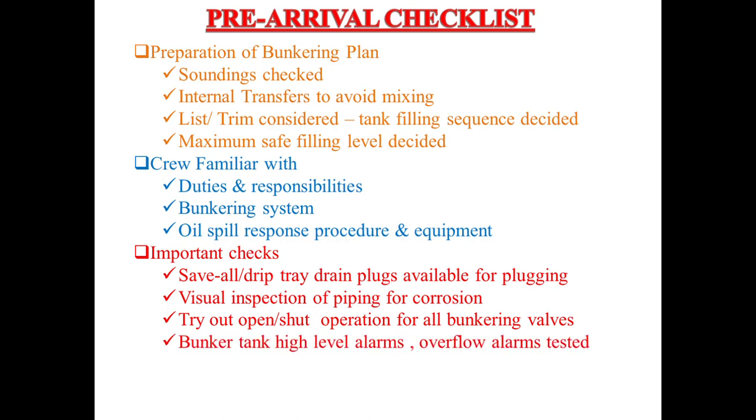Bunker tank high level alarms and overflow alarms are tested, because sometimes we may not totally rely on sounding only, it may go wrong. Drip sampler and sampling kit are made ready because we do drip sampling at the connection manifold where the pipe is connected.